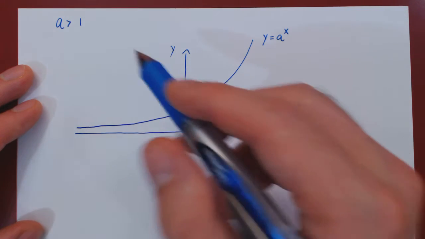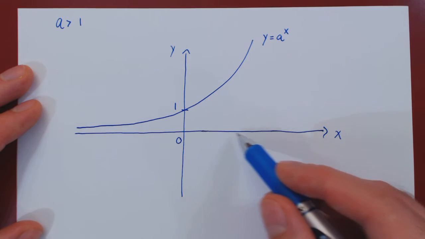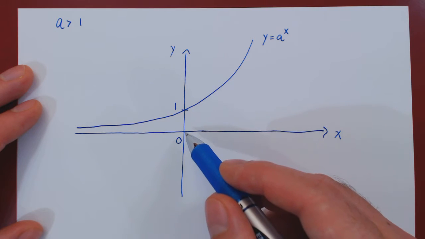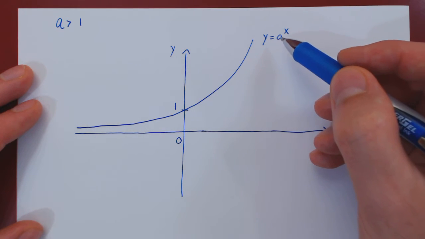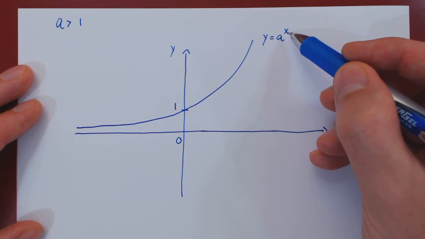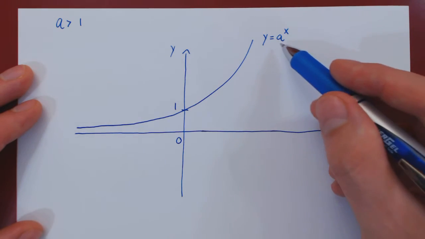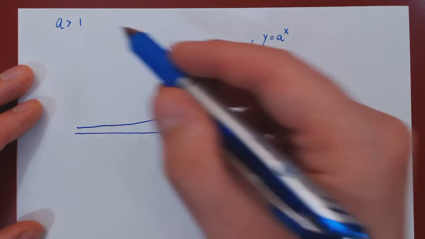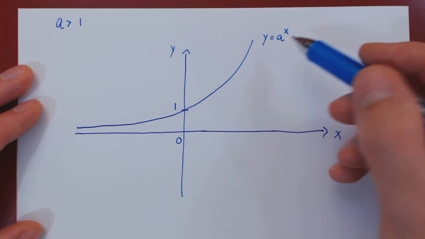And if you think about this, in this case, a is any number bigger than 1. So look first at the positive real axis. As x increases, you are considering as a y value a to the x. But as you take a larger and larger power of a number that is larger than 1, this will get bigger and bigger and bigger. Think of a being 2, and think of x taking on integer values.